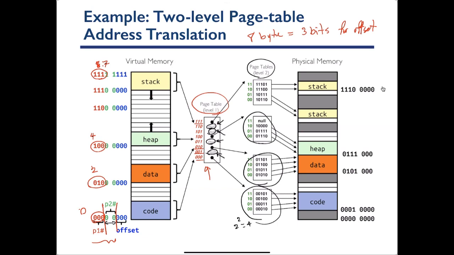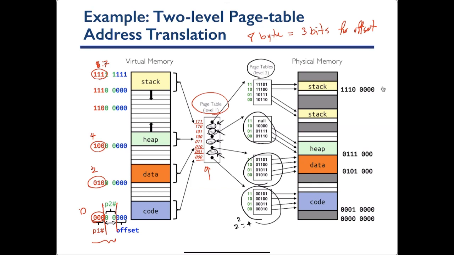Right, so that's a good question. Now, the number of bytes that you need for each page table entry depends on your available physical memory as well, right? Because you're going to have your physical page number there.